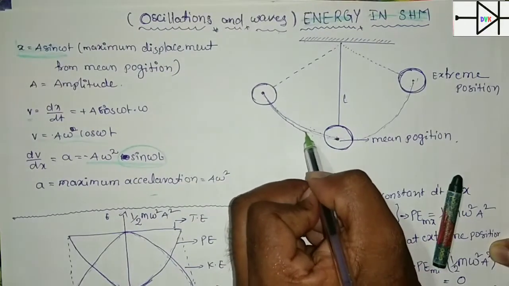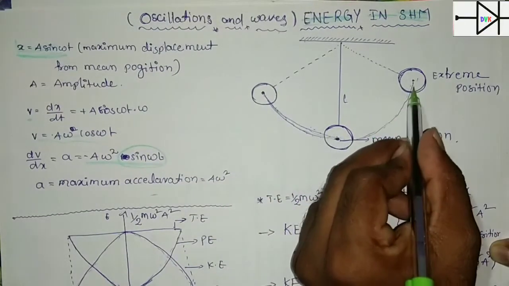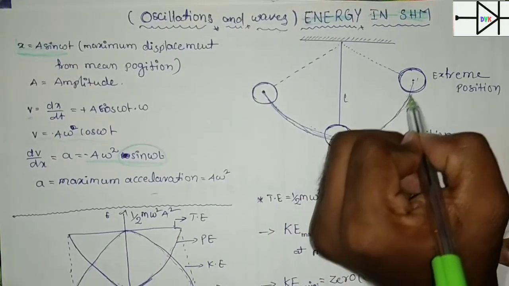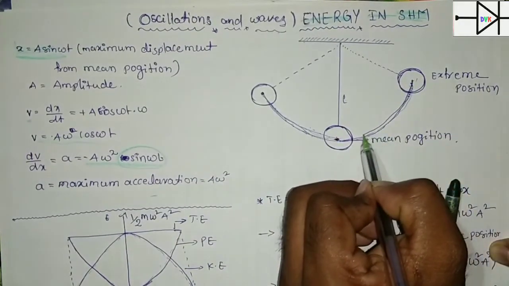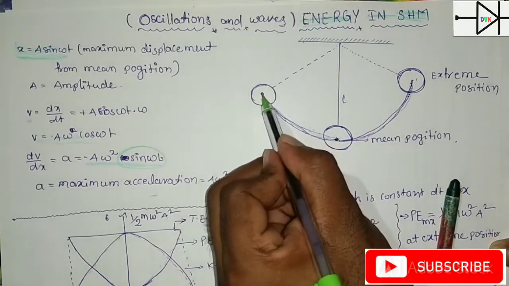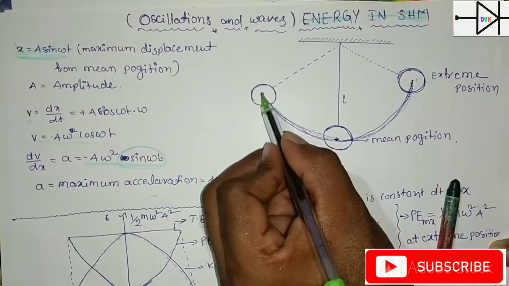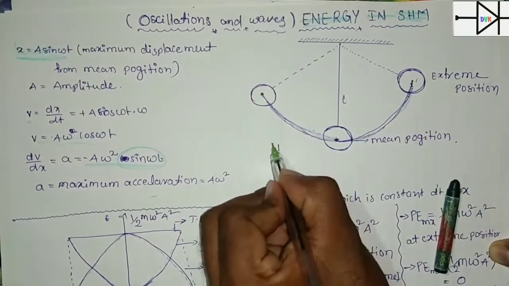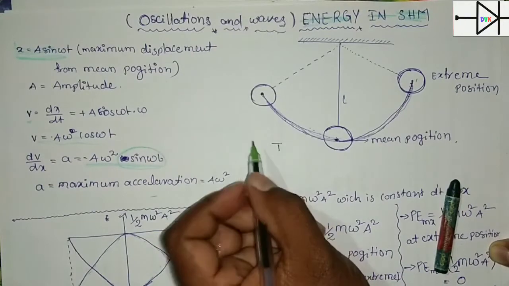This duration is one oscillation, right? It moves from one extreme point through the mean position back to the same position. One oscillation is called the time period. One time period I take as capital T, right?